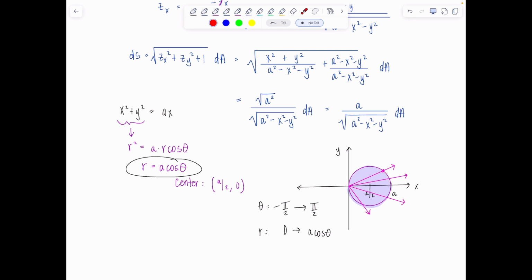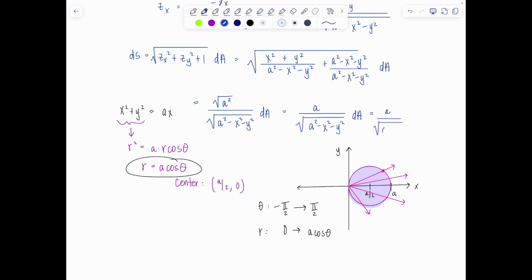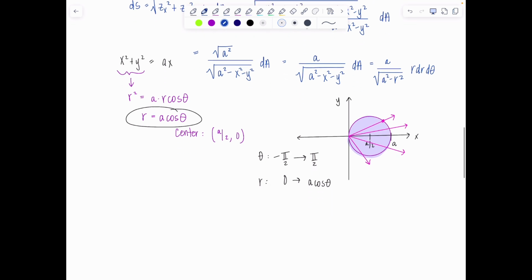Let's rewrite dS though, so we're in polar land all together. This is going to be a over the square root of a squared minus r squared, r dr d theta. Good? Okay. So here we go.